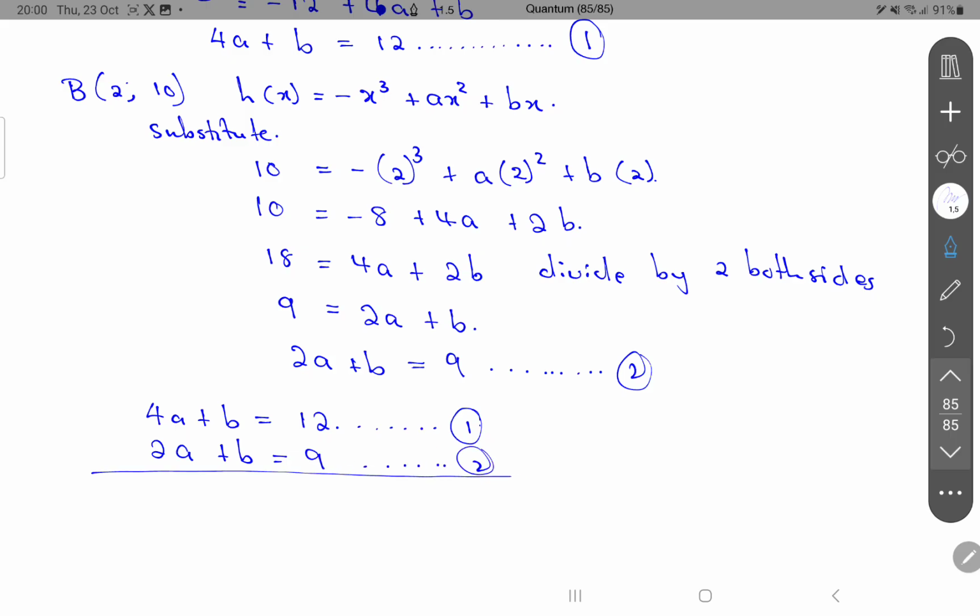Then, since they are linear equations, let's just subtract them. We get 2a plus 0 is equal to... Yes, we are subtracting. So 12 minus 9 is 3. So 2a is equal to 3, so your a is equal to 3 over 2.